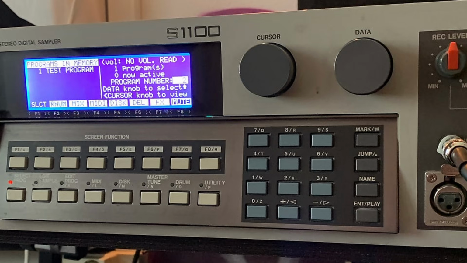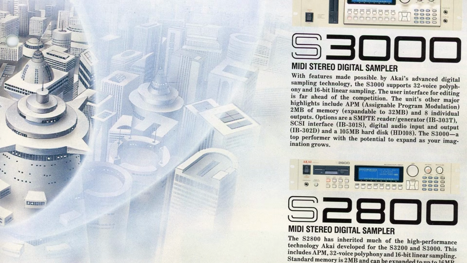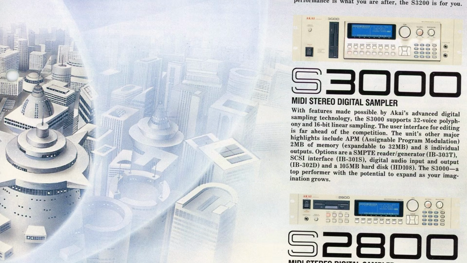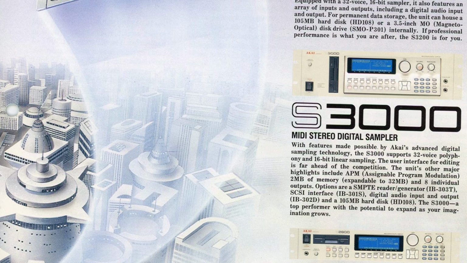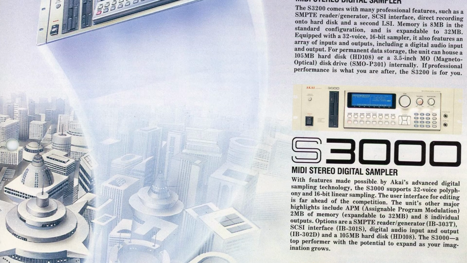And there was a follow-up model, the 1100, with a little bit more features, and then the new series, the 3000 series, which contained the 2800, 3000 and 3200 models.